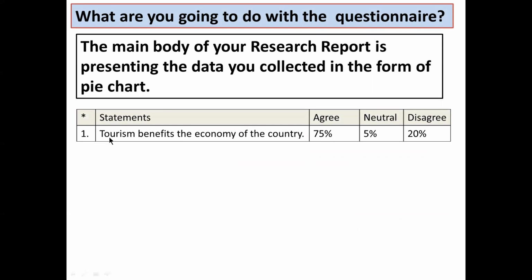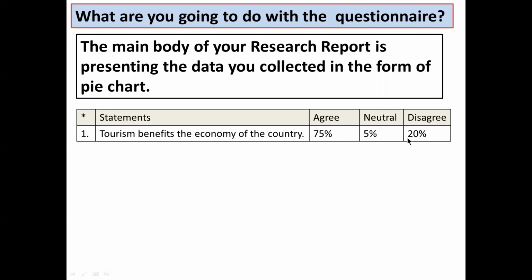The first statement is tourism benefits the economy of the country. 75% of the group that I surveyed agreed to this statement. 20% disagreed and 5% remained neutral. They said they don't know, they don't have an opinion. So this is the data I've collected.